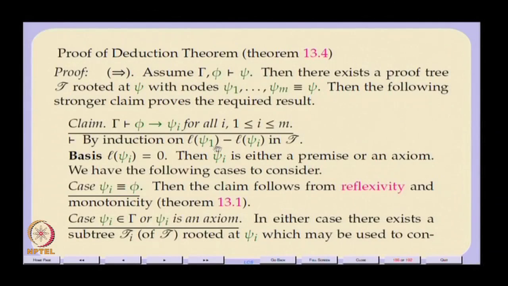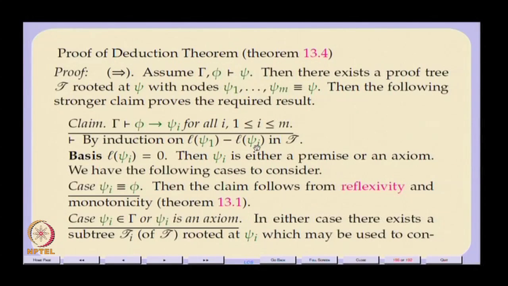But our inference actually starts from the leaves and goes down to the root. So this induction is essentially because of that. The very first step, psi 1, I am assuming is a leaf node.